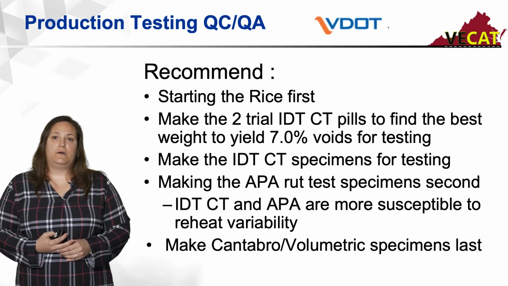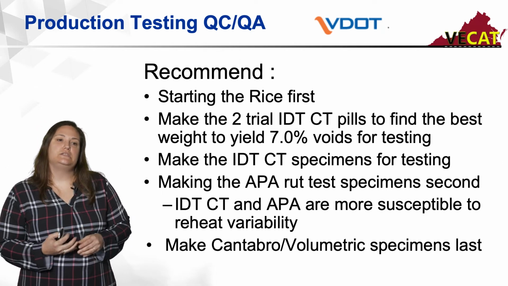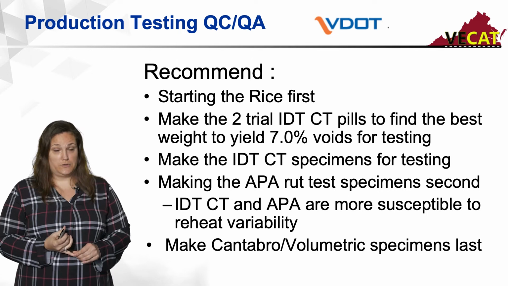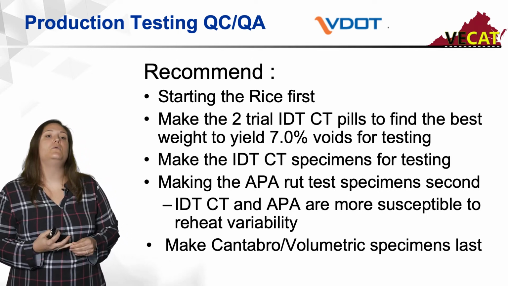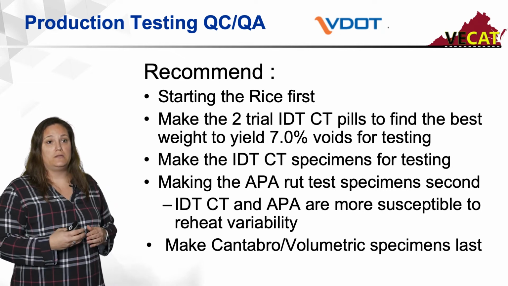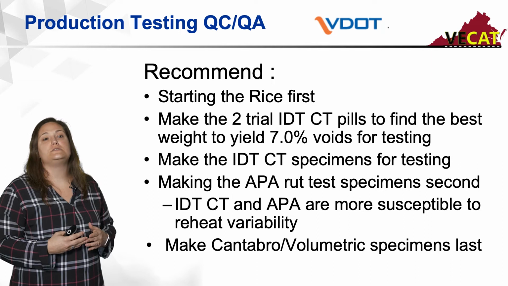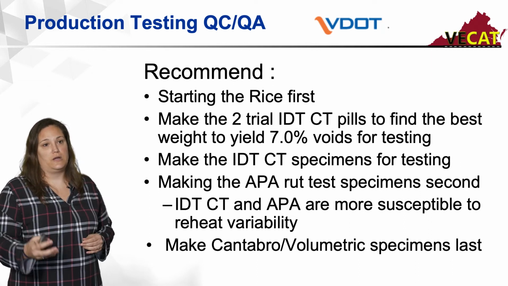Some of the things that we've seen with our pilot projects, and some recommendations: start your rice first. Get that done so that when you're trying to move on to your next samples, you can use that rice to find out the weight for the pills that you need to compact for your IDT.